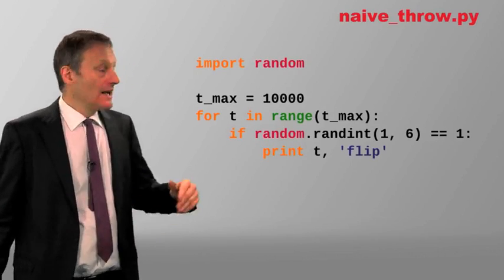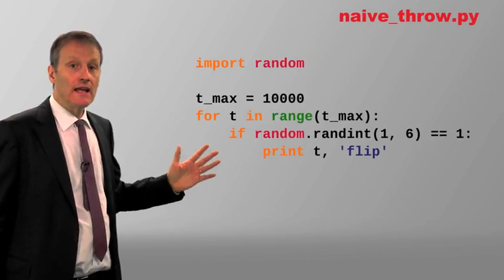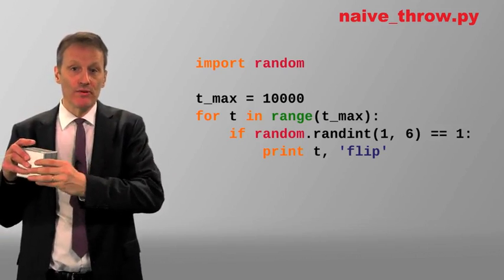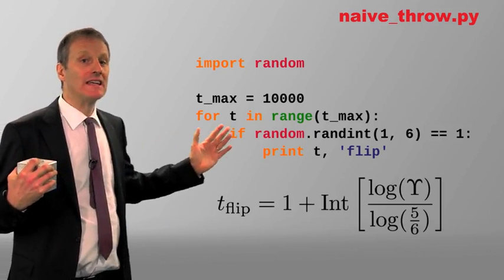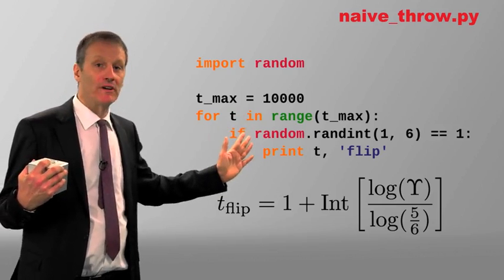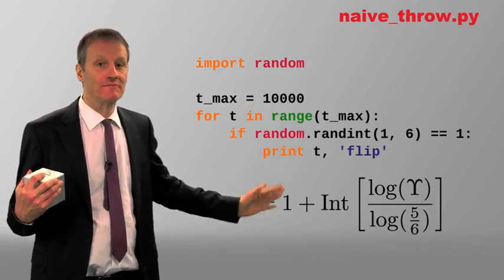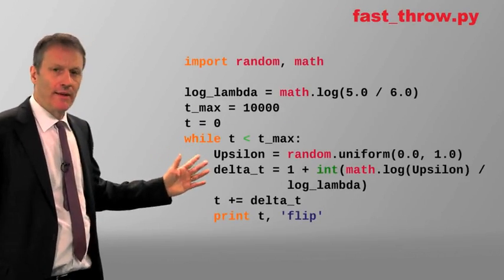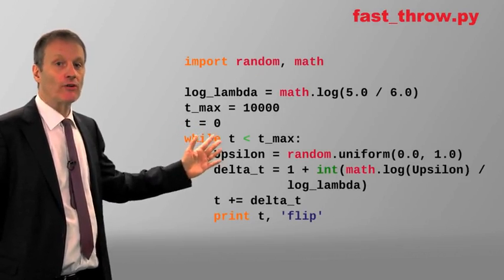And this means in our naive throw program that the time after which we have a new flip is given by 1 plus the integer part of the logarithm of the random number divided by the logarithm of 5/6. So in Python, this gives the program fastthrow.py.